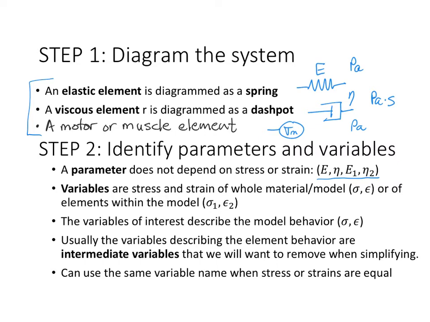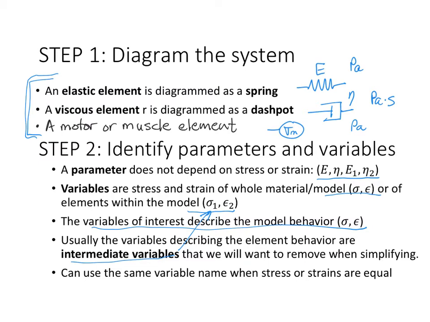Variables are the stress and strain of the whole material, for which I usually use sigma and epsilon as we have before, or of elements within the model. So that is, these elements that we've defined above have stress and strain just over those elements, and we usually subscript those because that helps us identify these intermediate ones versus the final ones. So again, our variables of interest versus these intermediate variables.